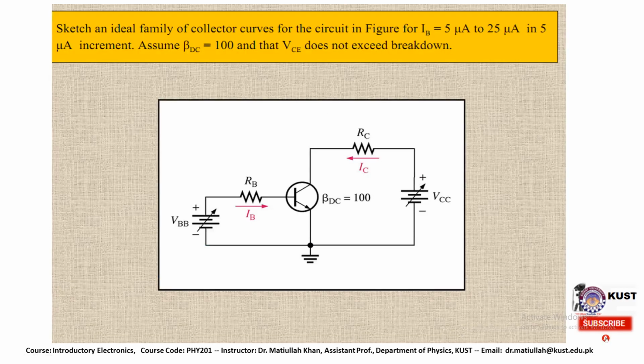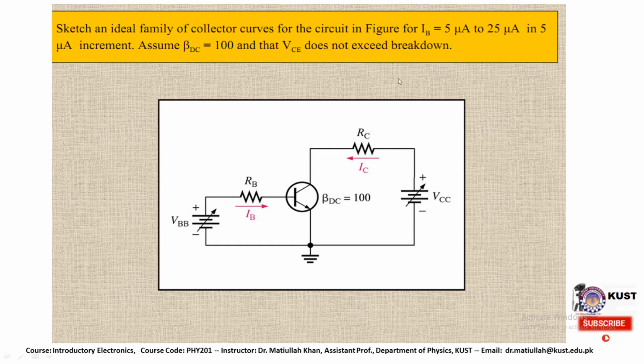So we want to solve a very simple example regarding these collector characteristic curves, and we need to draw them. We will solve some very simple problems for practice. In this problem you need to draw an ideal family of collector curves for the circuit in this figure.